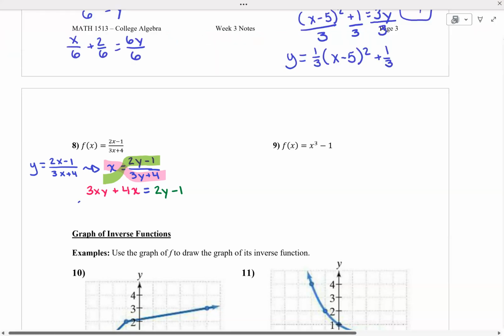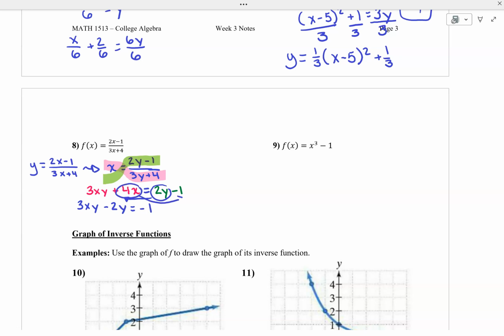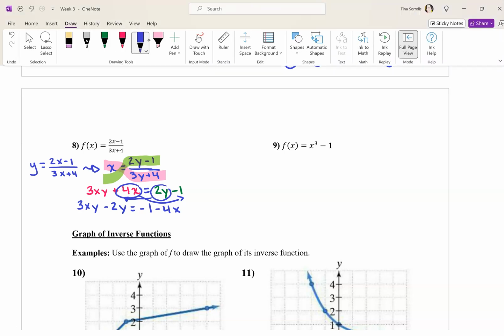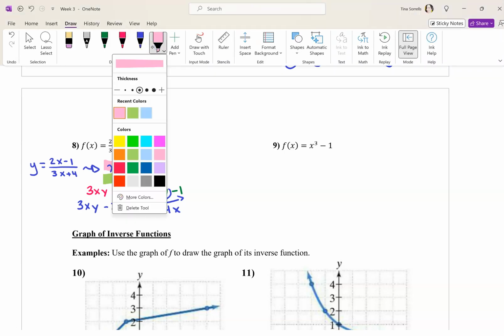So I'm going to have my 3xy minus 2y, because I'm going to bring this one over here, has to equal -1, and I got to bring this one over here, so minus 4x. Okay. Next step is see how they both, let me use my blue.